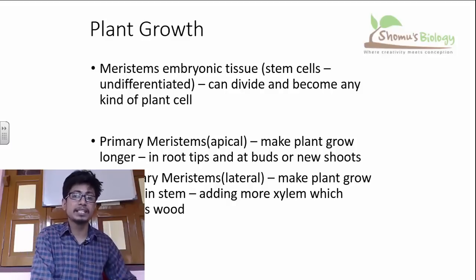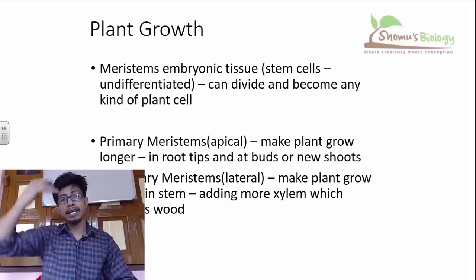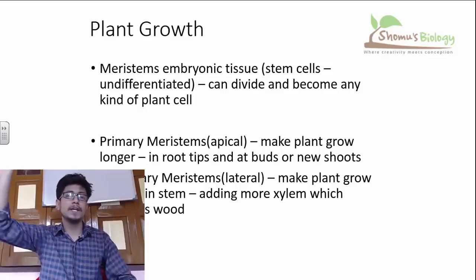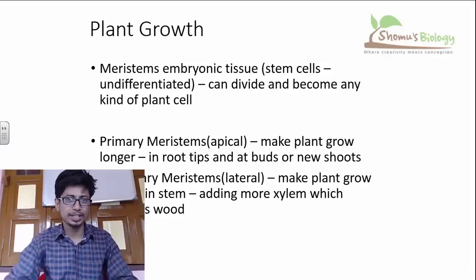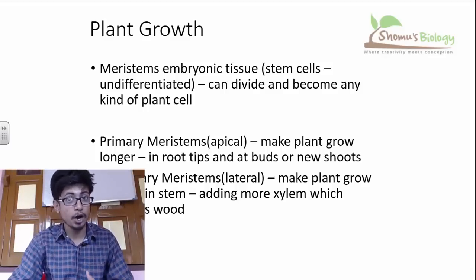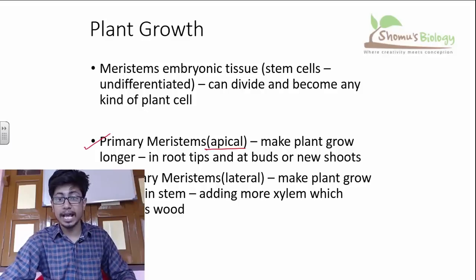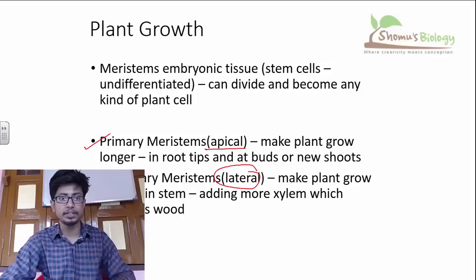Now those meristematic cells will grow and divide. The apical meristematic tissues will divide and give the plant a growth and tall structure depending upon the genetics of the plants. There are two types of growth: primary meristem, which is called apical meristem, and secondary meristem, called lateral meristem.